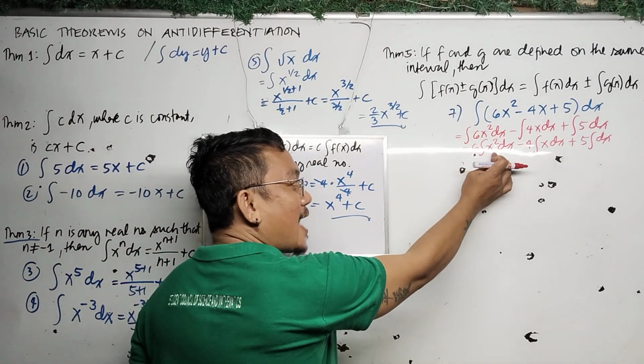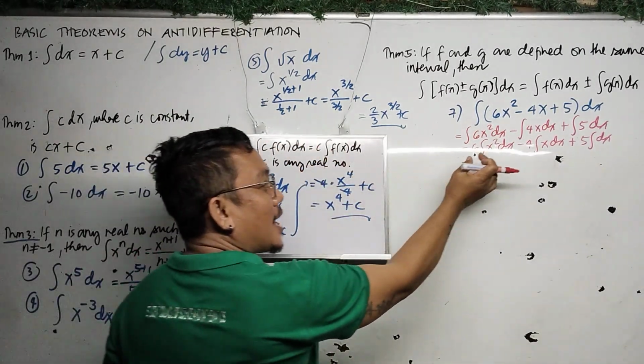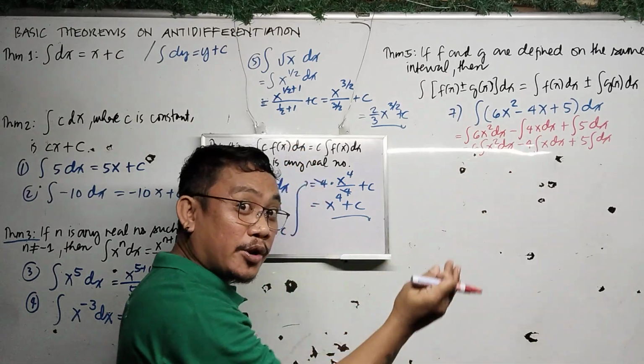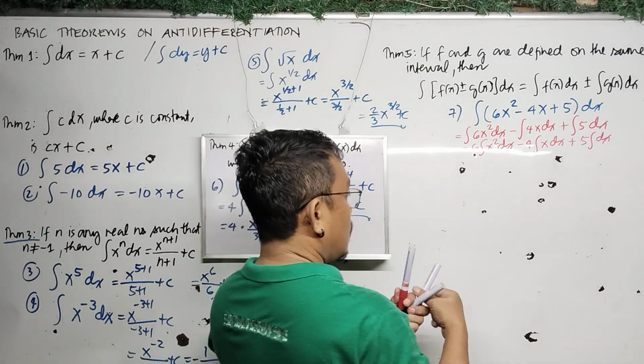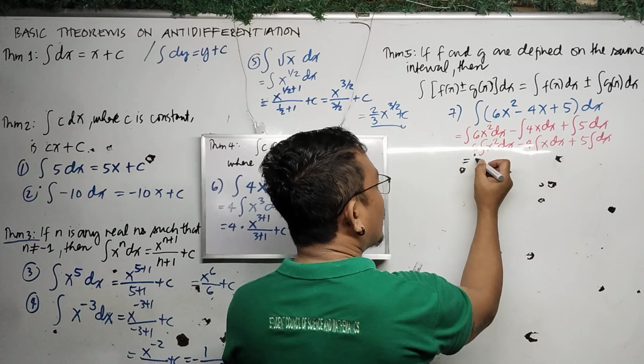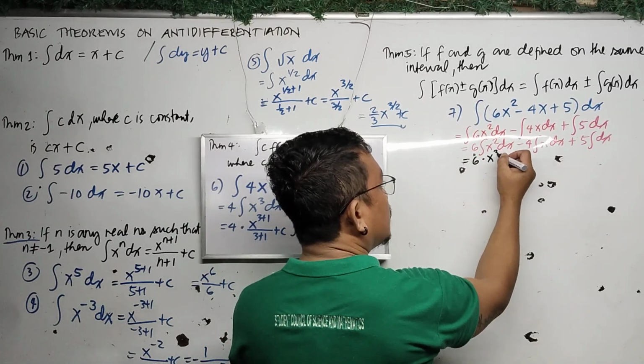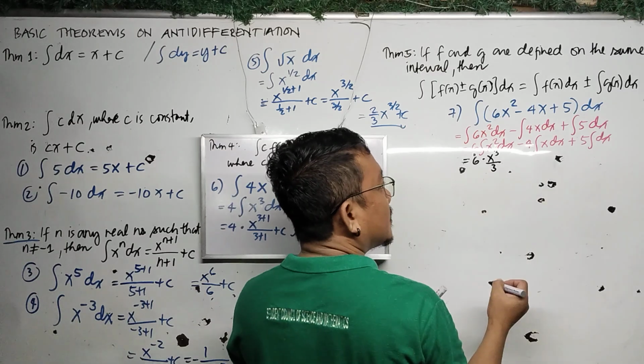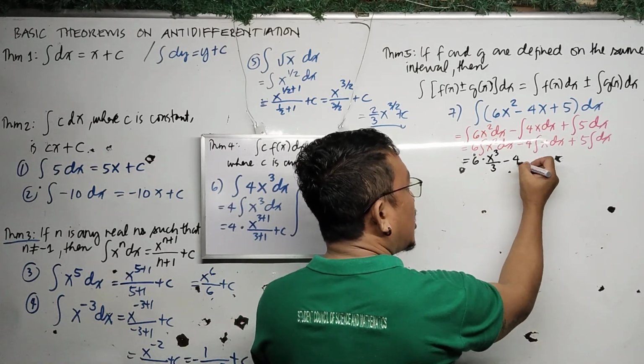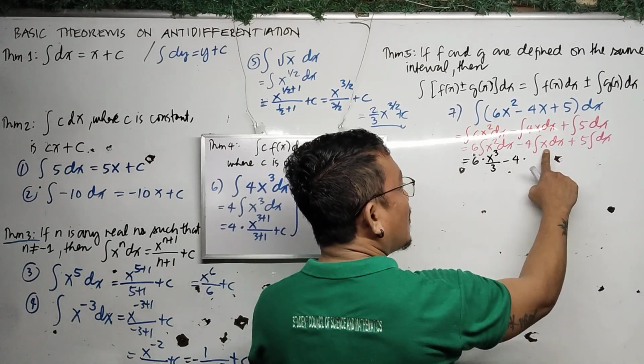So, this is again, by Theorem 4, kanina siya to integrate x squared. So, power rule, no? So, we just copy the constant 6 times the integral of x squared is x cubed over 3 minus 4 times, what is the integral of x?